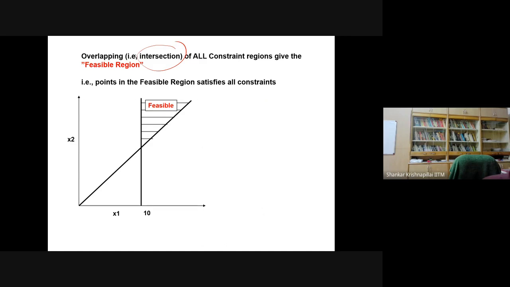This region satisfies x1 is greater than 10 and this region satisfies x1 is less than x2. So this is the feasible region for this particular optimization problem, and any x1, x2 values here is acceptable. So that is the meaning of these inequality constraints.